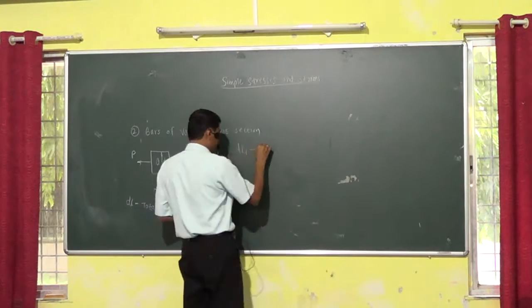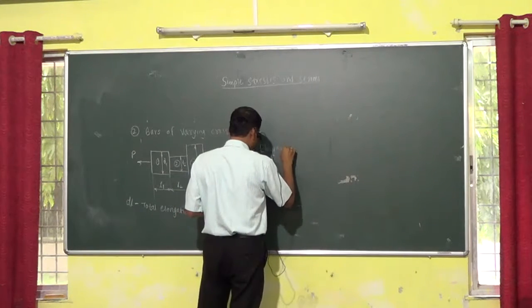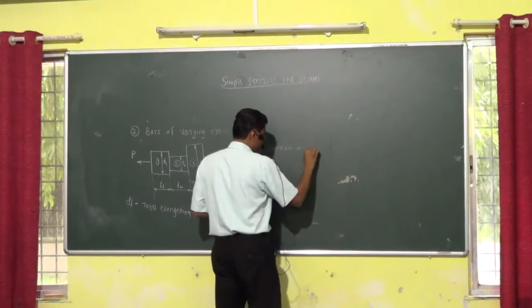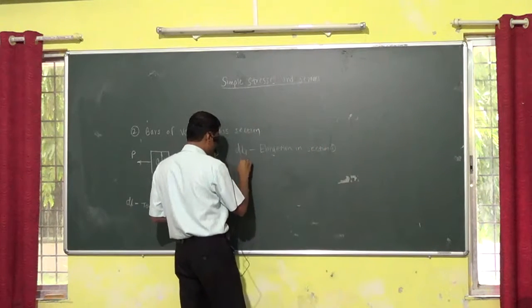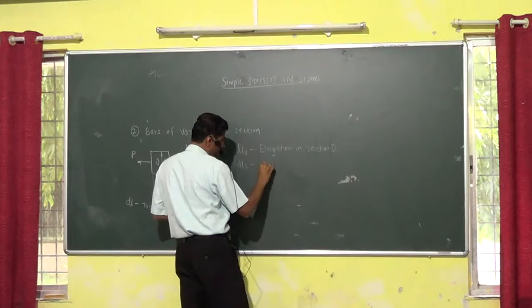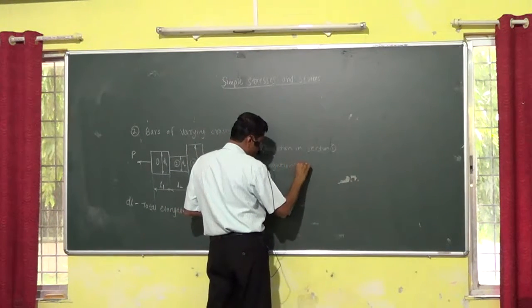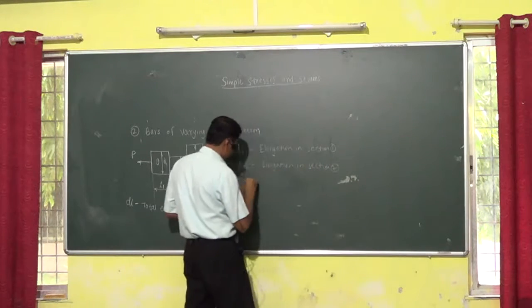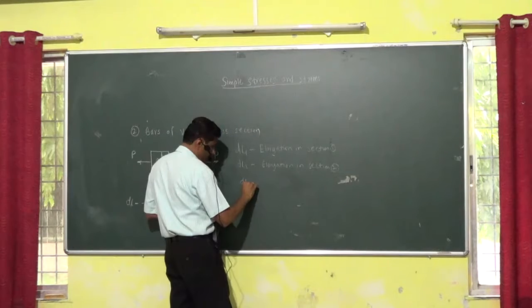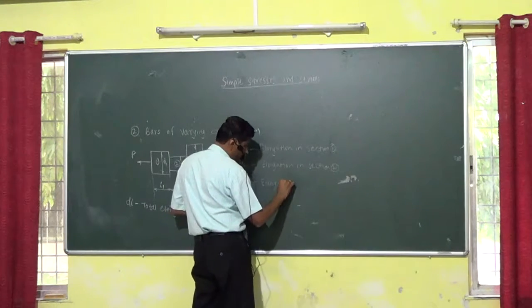DL2 is the elongation in section 2, and DL3 is the elongation in section 3.